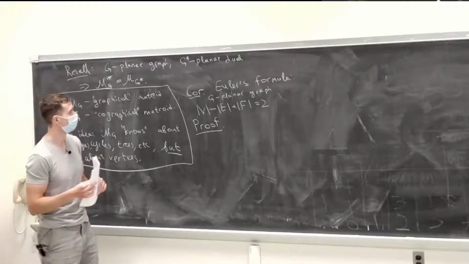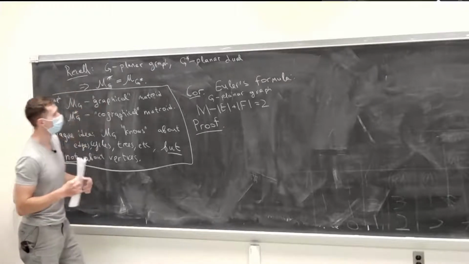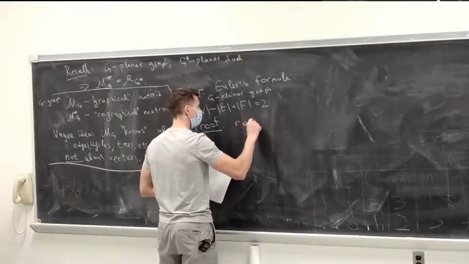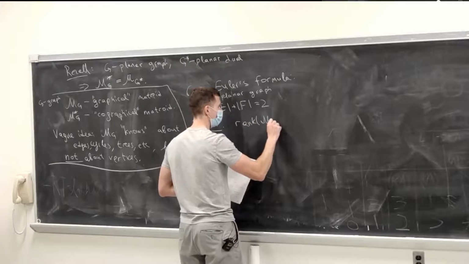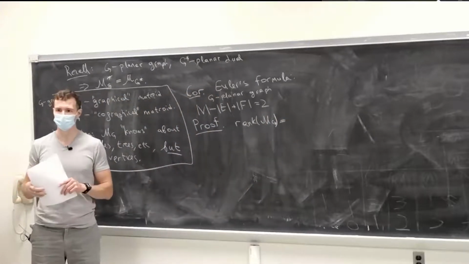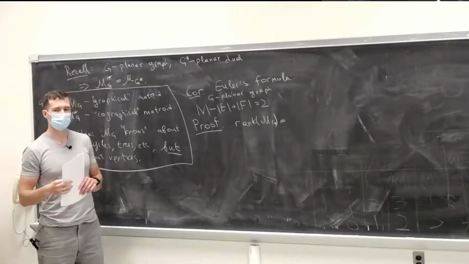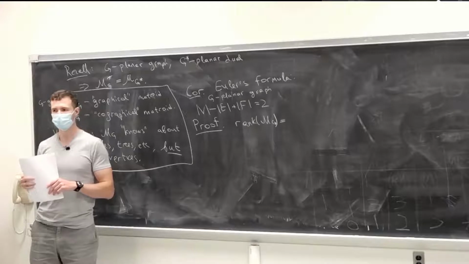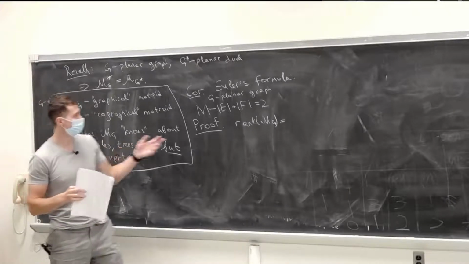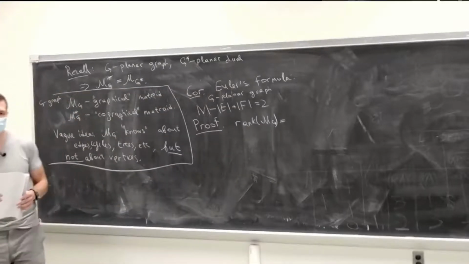This is tricky. All right. So what is the rank of M sub G? Or in general, let's say I give you a matroid. What is, by definition, the rank of a matroid?